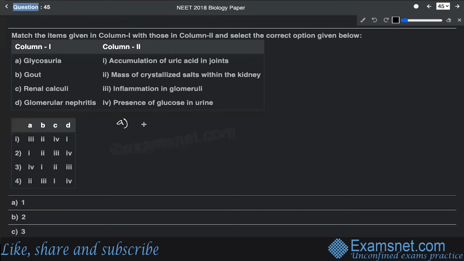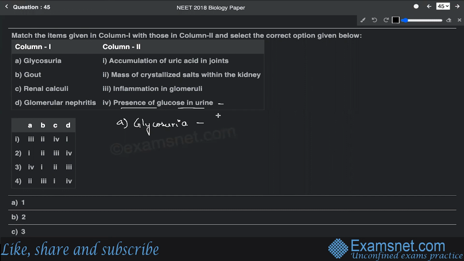So the first option is glycosuria. Glycosuria is basically a phenomenon that indicates the presence of glucose in urine. This is basically a disorder that is related to the kidney. It is caused when there is more glucose found in the urine, and as a result, the blood glucose level rises above the normal level, which is considered to be a very deadly condition.